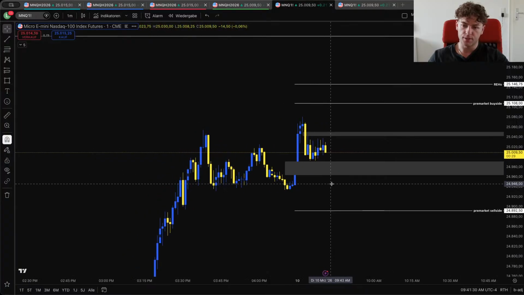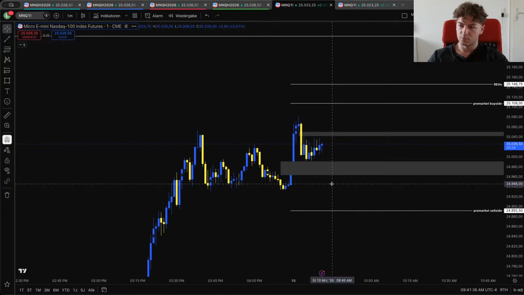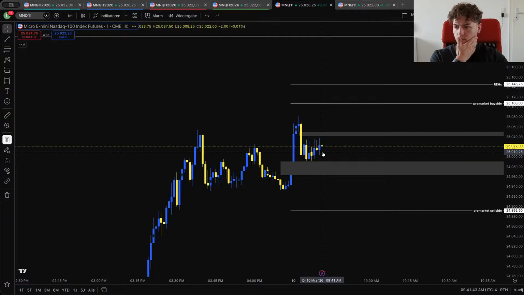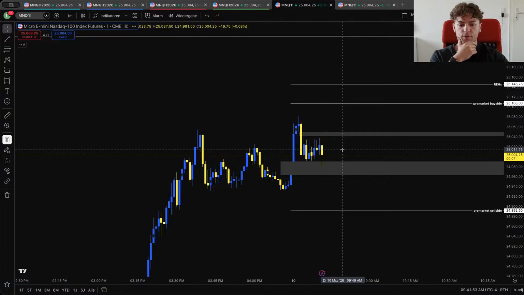We are more likely to see the first 30 minutes be more of a consolidation type price action. So yeah, I rather want to see and wait and sit still for the first 30 minutes of trading. So yeah, it's 9:41. We still have plenty of time. The first presented fair value gap still hasn't formed yet.